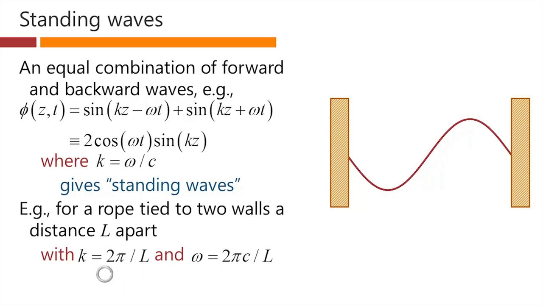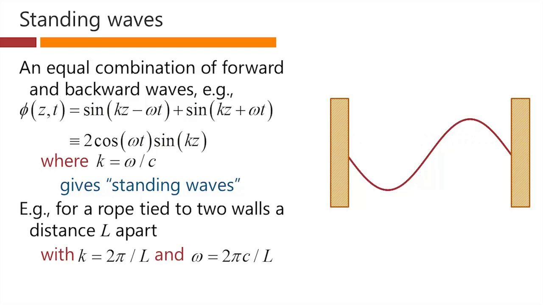So with these specific choices of k and omega, we get a wave that satisfies the wave equation and satisfies these boundary conditions, and incidentally is a summation of an equal amount of a forward wave and a backward wave. It's really the sum of a wave going like this and a wave going like that at the same time.